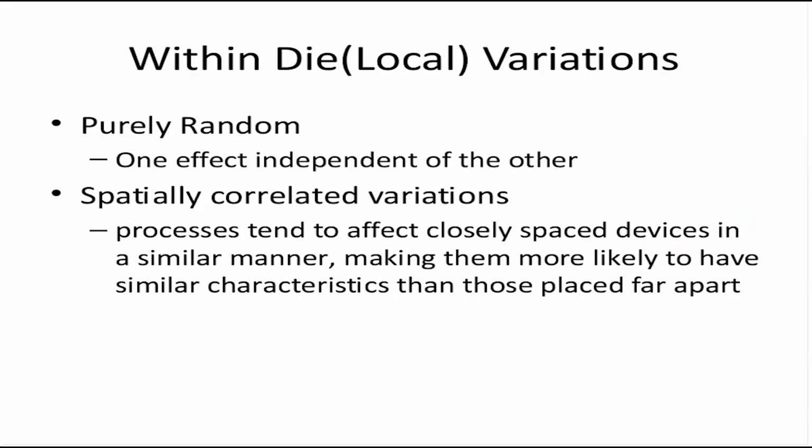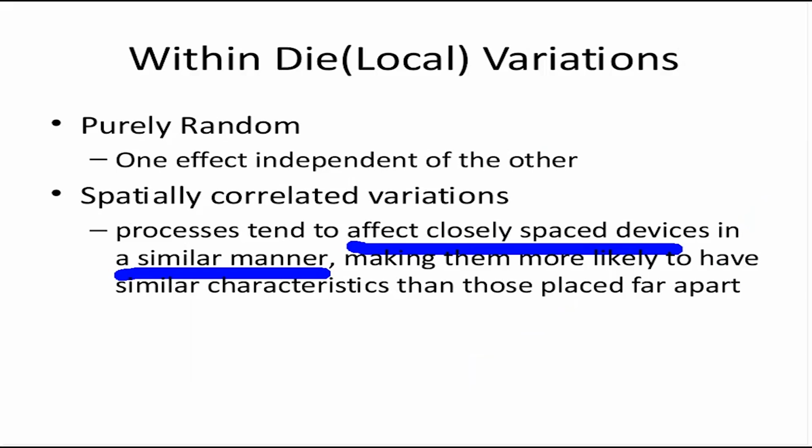So within die variations we saw that there are two types: purely random, where one effect is independent of the other, and spatially correlated. Imperfections in the processes tend to affect closely spaced devices in a similar manner. If such a thing happens, then it's a spatially correlated variation. This makes them more likely to have similar characteristics than those placed far apart, right? So please remember these two things.